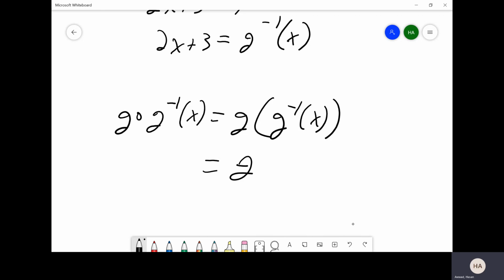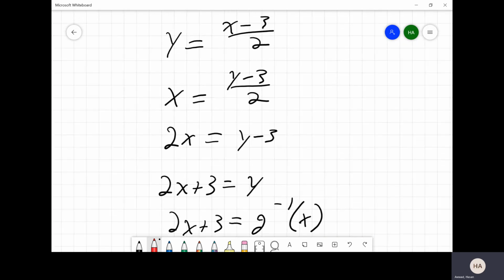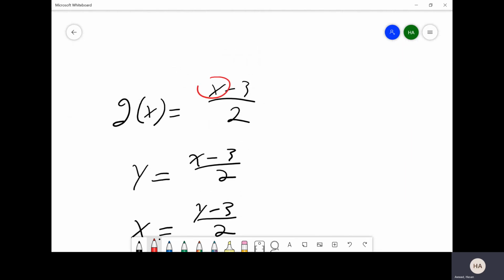So we're going to have g with an input of 2x plus 3. And now with this new input, wherever there was an x in my original function, I'm plugging in 2x plus 3. So this 2x plus 3 is now my new input. And wherever there was an x in my original, that's where this 2x plus 3 is going.